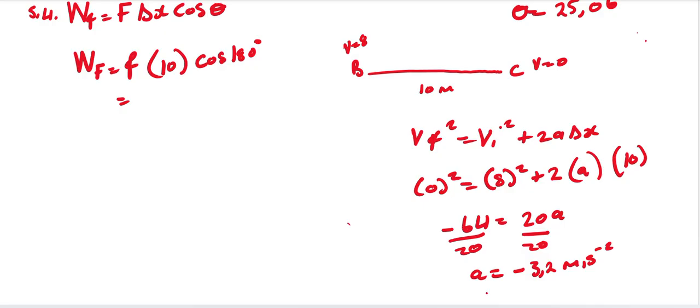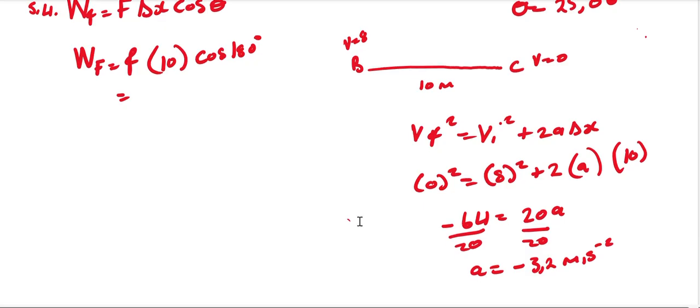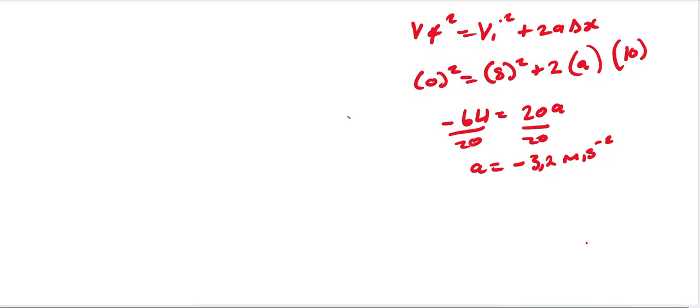Do you get me? And then why is our acceleration negative? Our acceleration is negative because it is opposing the motion of the object. Let me give you a practical example.